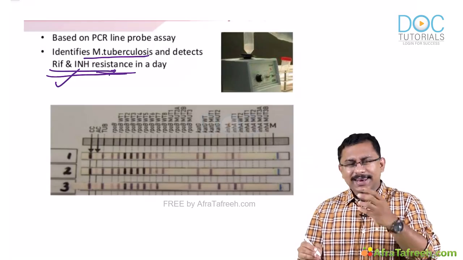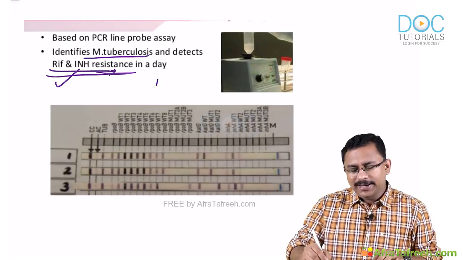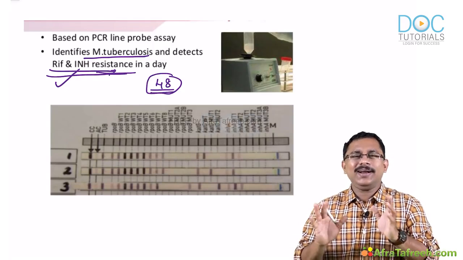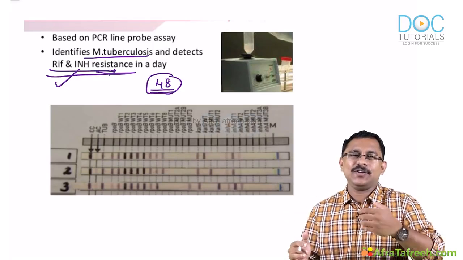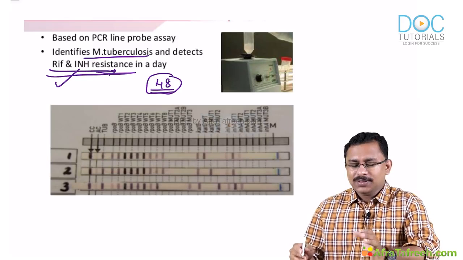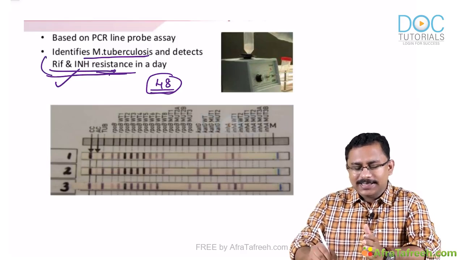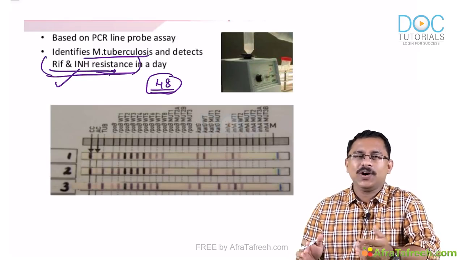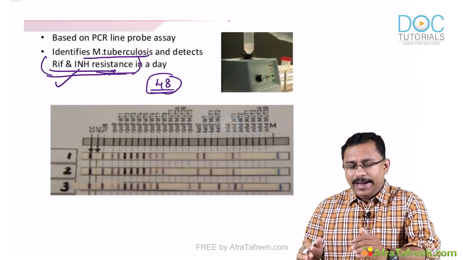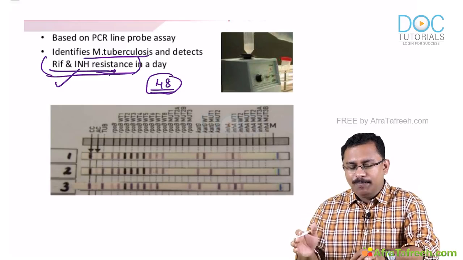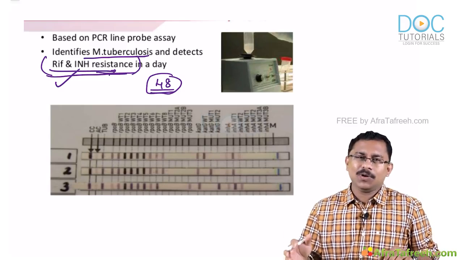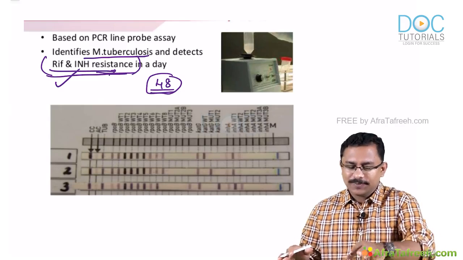Sometimes it might take 48 hours, sometimes 72 hours, but in around a day or so, you might get the results of your line probe assay. Since it detects both the resistances, it has an advantage over your CB-NAT. And your LPA is again a favored investigation modality for tuberculosis.